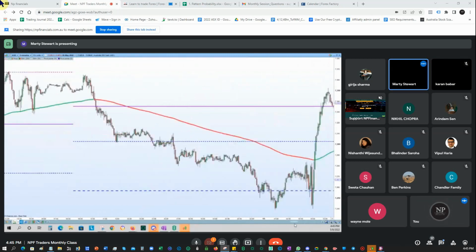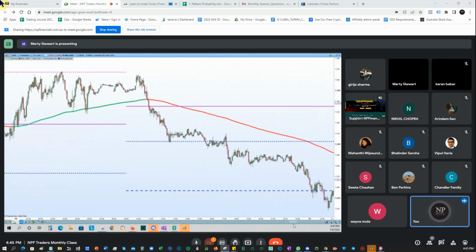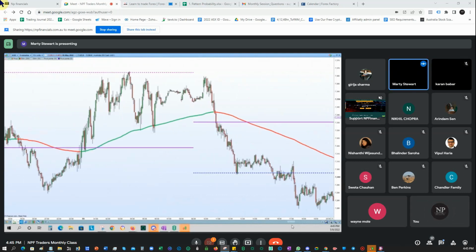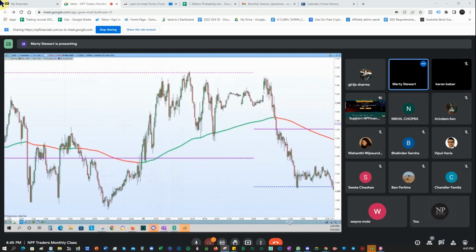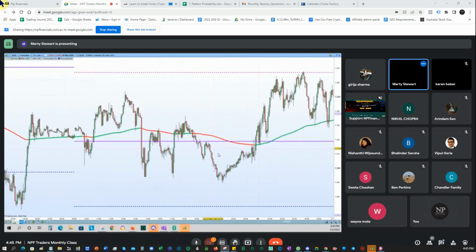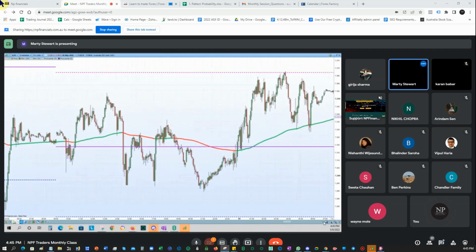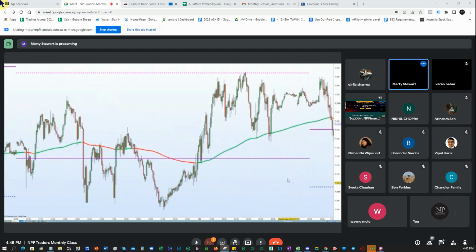So this is one day. We've sort of got an impulse move up, a corrective down, an impulse up. We have now broken this trend line. I would probably not take a trade on this day here.